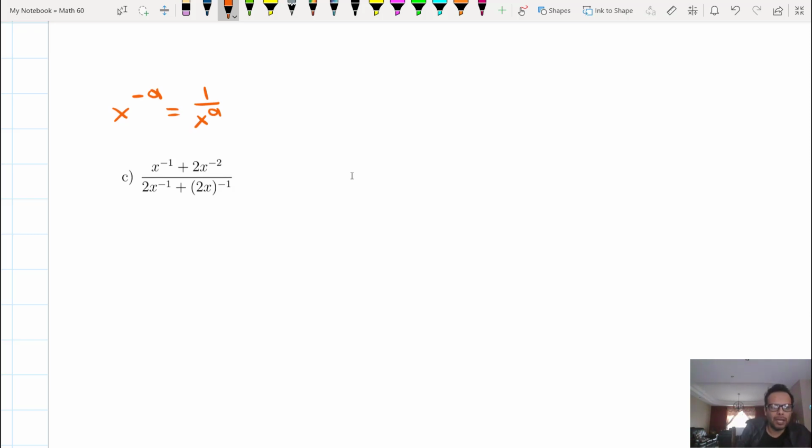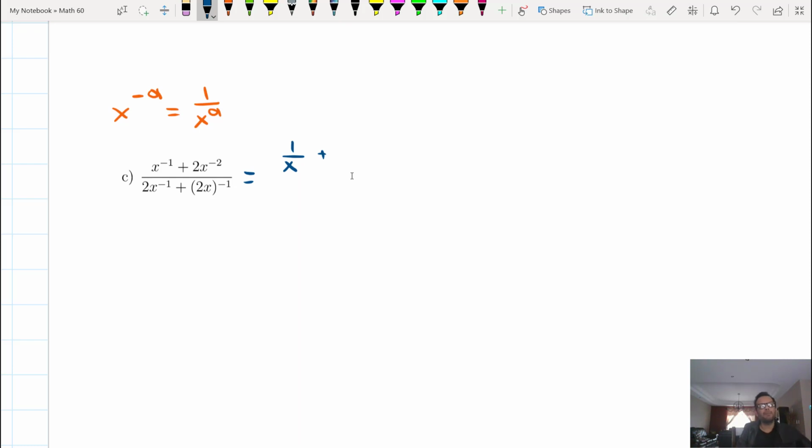So we are going to write all these negative powers with positive exponents using fractions for each. So x to the negative 1 would be the same as saying 1 over x, plus 2 times x minus 2.